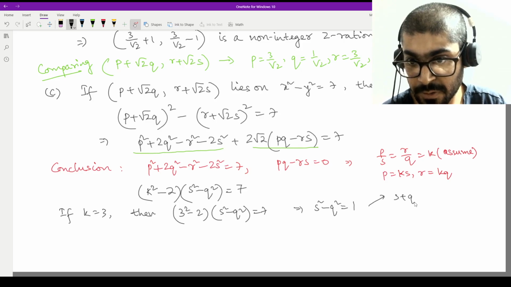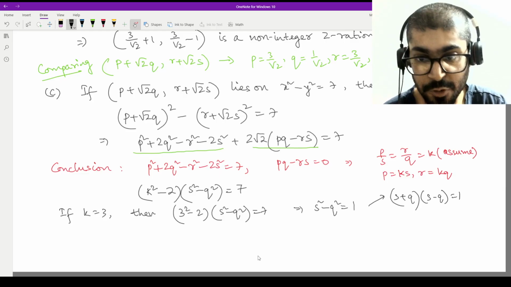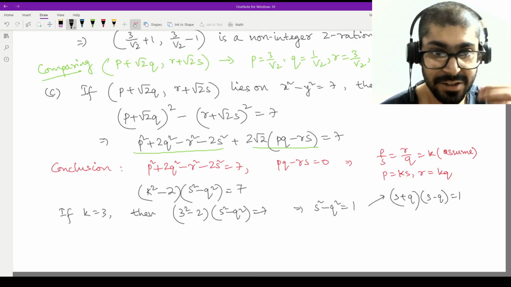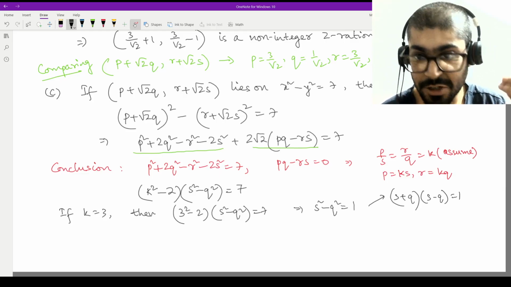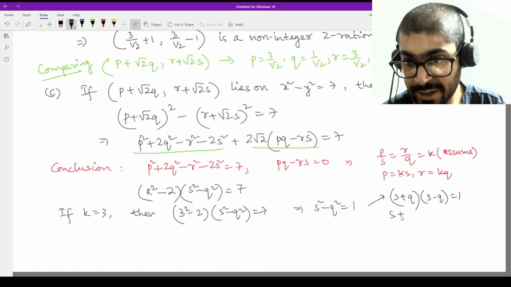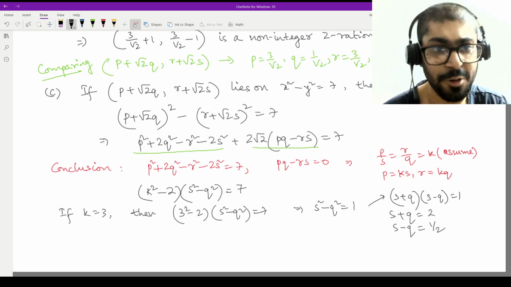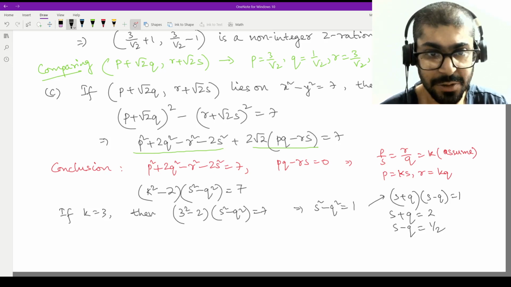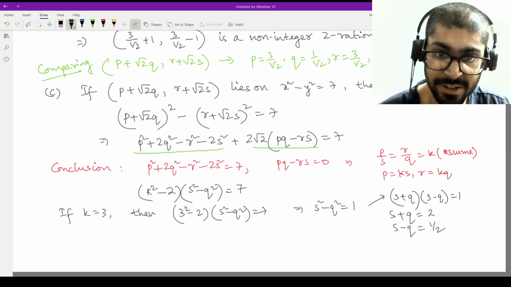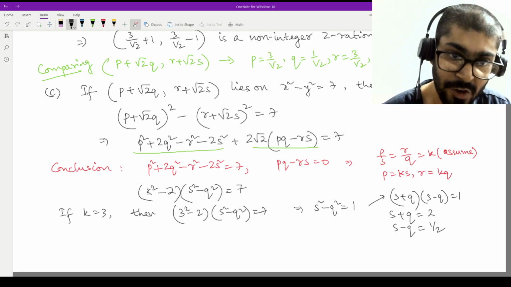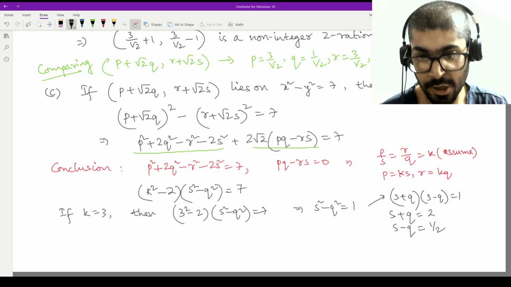Again, we can just use one particular solution where these are rationals. So I can take s plus q equal to 2 and s minus q equal to half. If you do that, then you will get one solution, and you can also interchange it. You can take s plus q equal to half and s minus q equal to 2, whichever way you want.